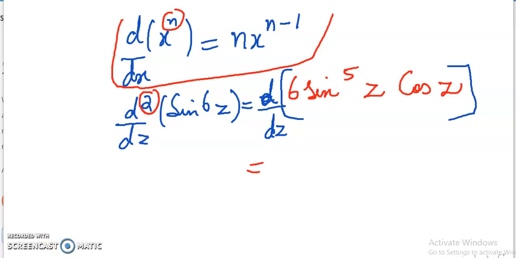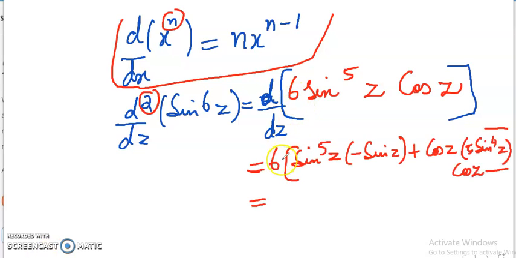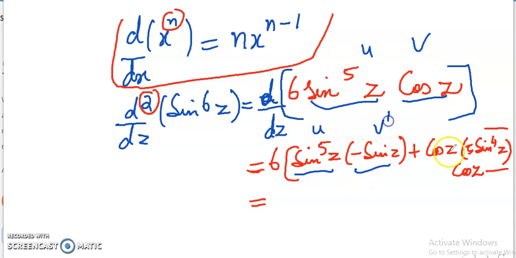While differentiating the next time, I have taken this 6 outside, and we have to follow the product rule, the UV rule: u into v dash plus v into u dash. So u is sine power 5 z, and the derivative of v, cos z, is minus sine z, plus v into cos z into u dash.